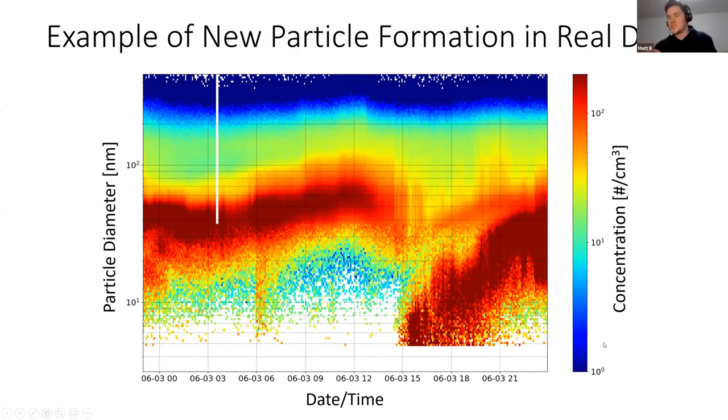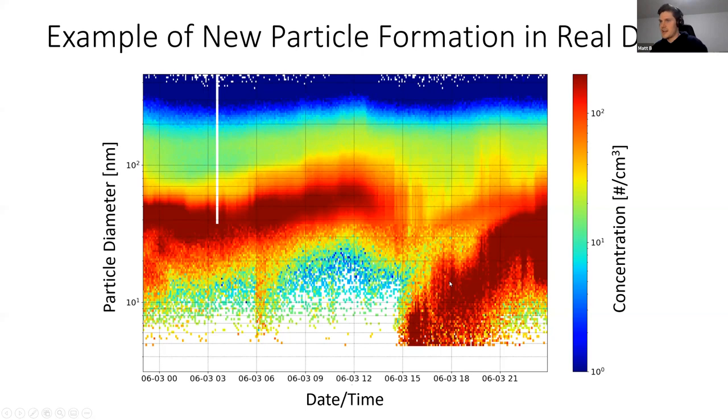So the red color means you have a higher concentration. If you're looking right around this point in time, we have a higher concentration of particles in this size range, right around 50 to 100 nanometers. And there's not a lot of small particles at all. Then as you proceed forward in time, you can see that we have a lot of these smaller particles coming into the picture, and they're kind of growing in size.